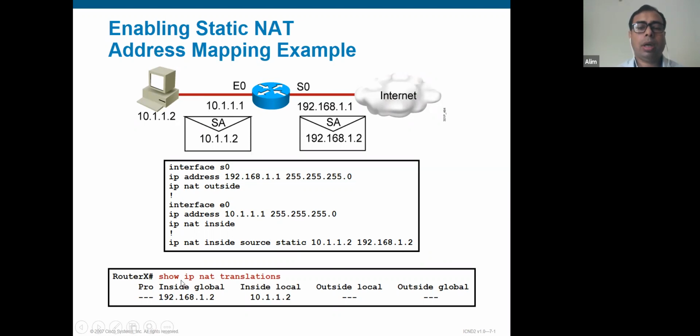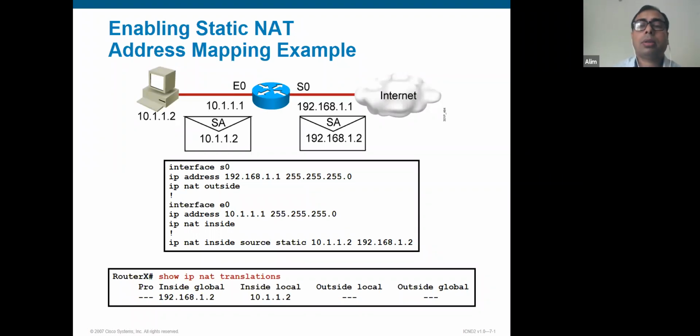Then how can we verify this command is configured properly? Show ip nat translation. You will see inside local to inside global. This is just a static one-to-one map.